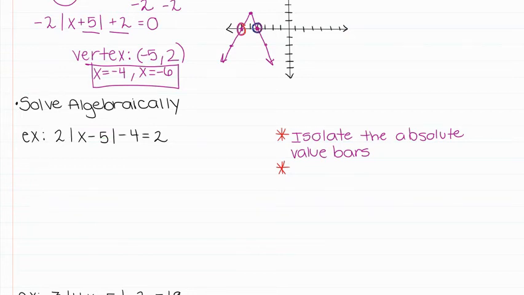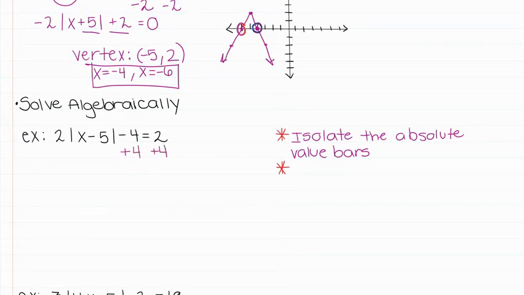So if I were to rewrite this, I'm going to take this entire thing and just call it x. If this were 2x minus 4 equals 2, I know that I would add 4 first and I would divide by 2, right? So I'm going to do that same thing. I'm trying to get those absolute value bars by itself, so I'm going to add 4.